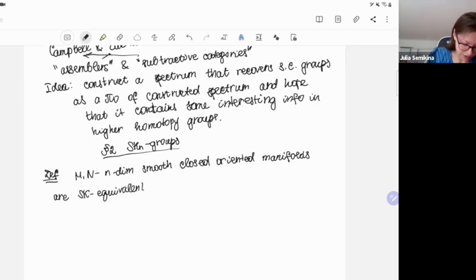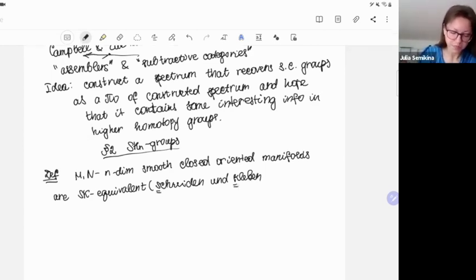So actually what is SK? S and K stand for Schneiden und Kleben, because the people who first studied these groups were from Germany. Schneiden is cut, Kleben is paste.